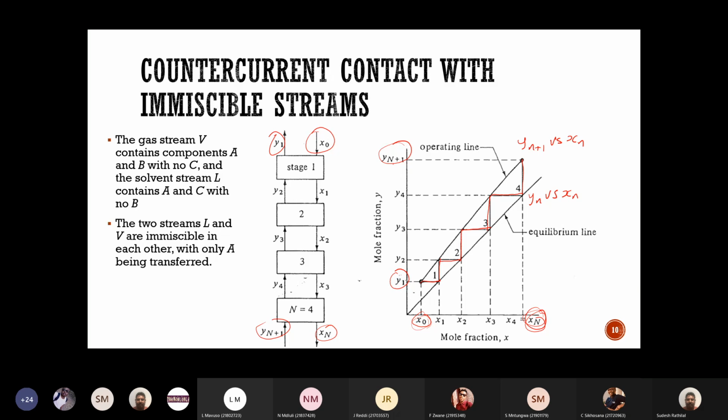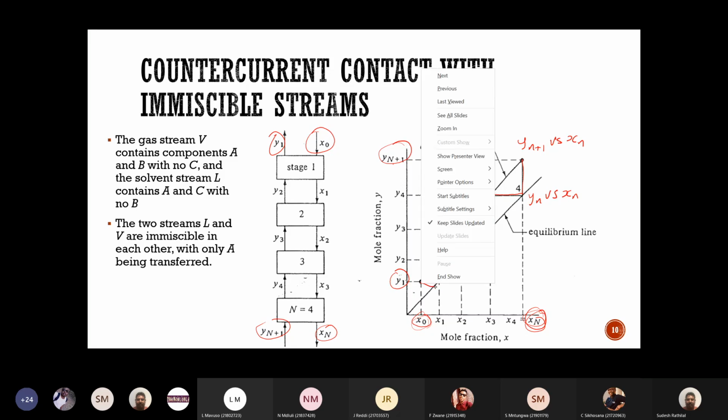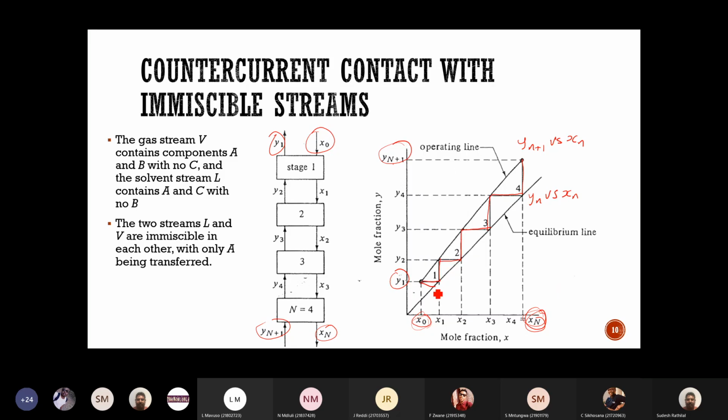If I start drawing lines like this that are not vertical and horizontal, you can see that I will get an incorrect number of stages. So it must be horizontal and vertical lines. You must use a ruler. Bear that in mind. Any questions so far?